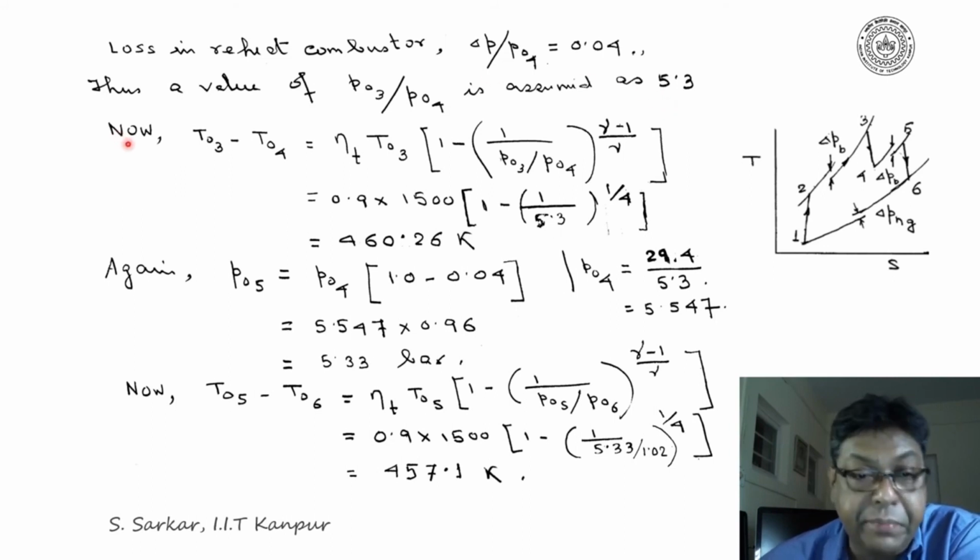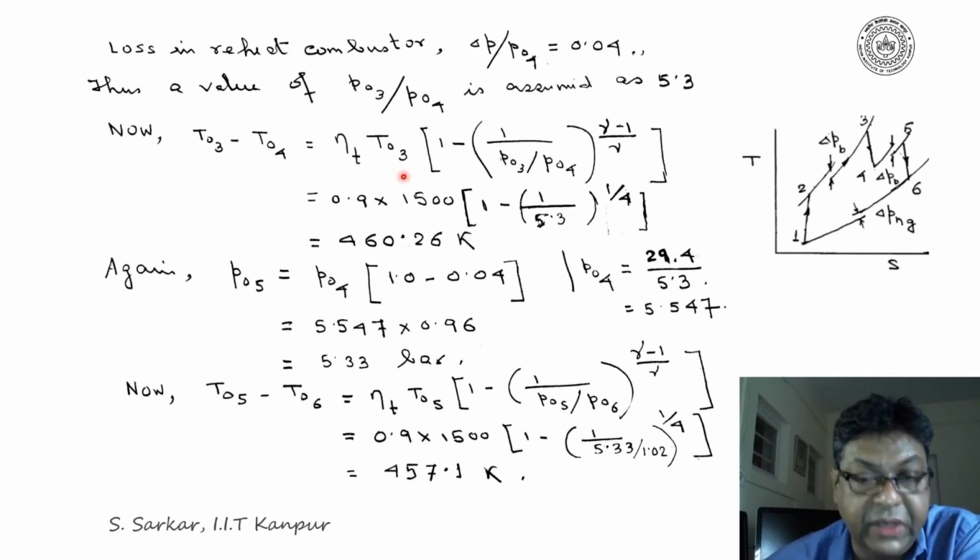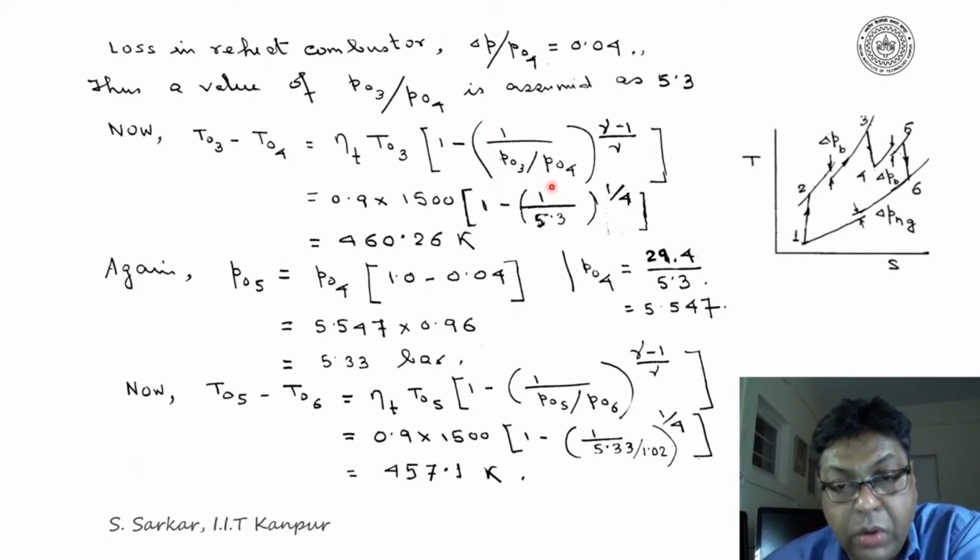Hence, temperature drop in high pressure turbine, T03 minus T04, is equal to eta T into T03 within bracket 1 minus, within bracket 1 divided by P03 by P04, that is pressure ratio in HPT, to the power gamma minus 1 by gamma.